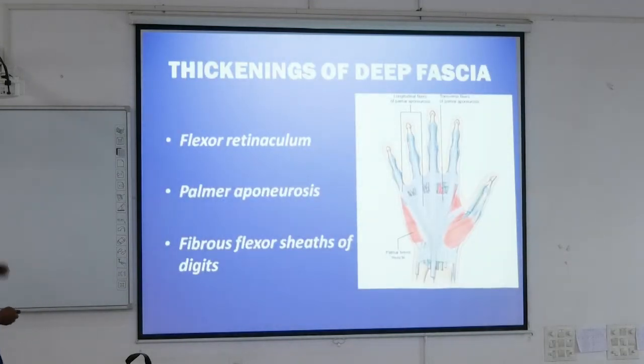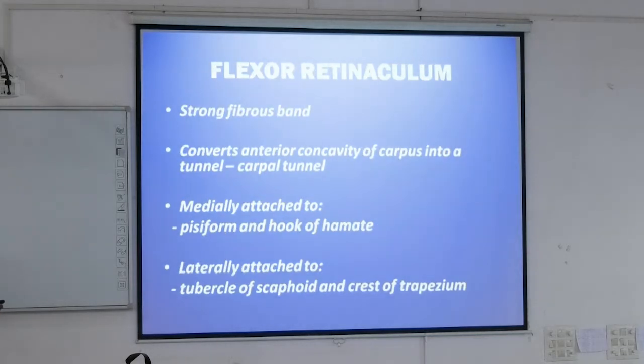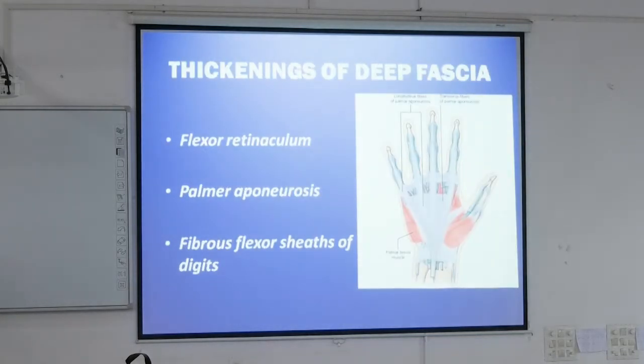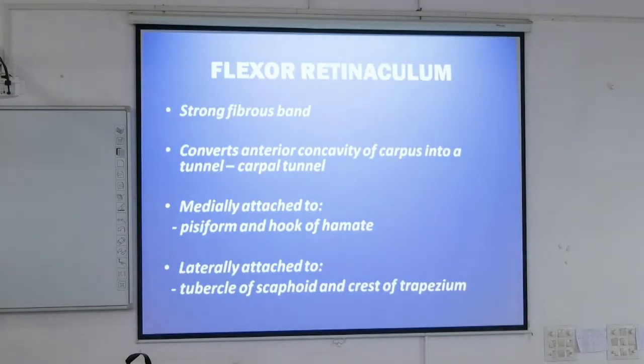The thickening of the deep fascia: the flexor retinaculum, palmar aponeurosis, fibrous flexor sheath of the digits. Flexor retinaculum is a strong fibrous band, converts anterior concavity of the carpus into a tunnel, the carpal tunnel.